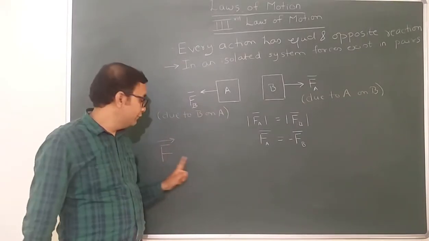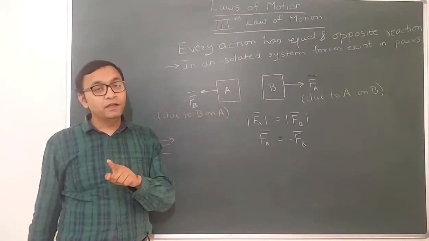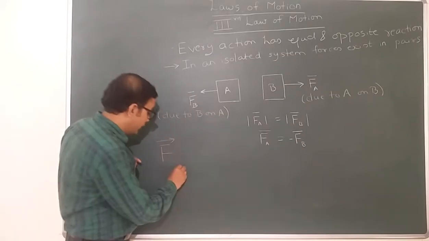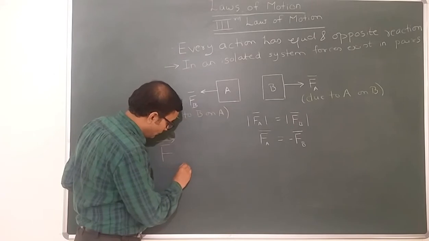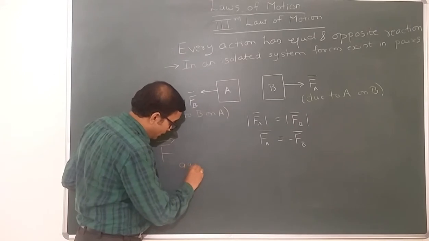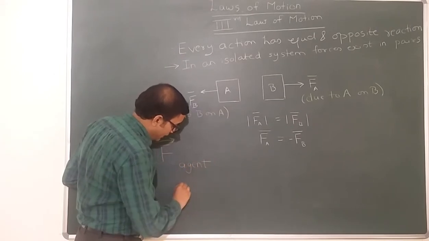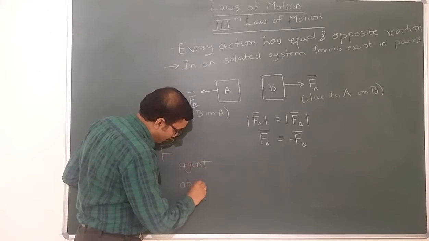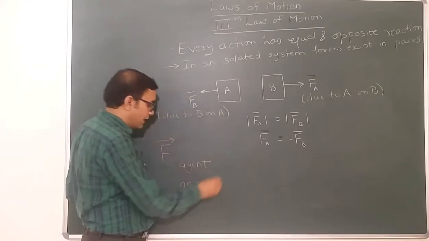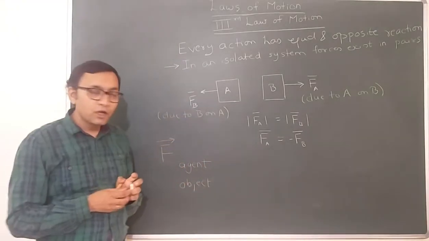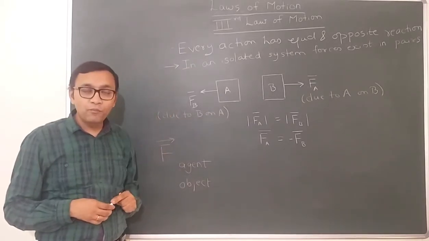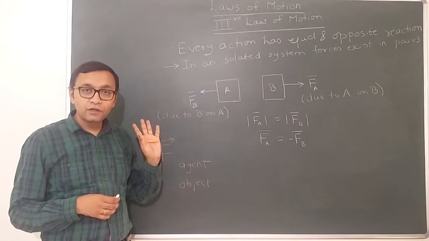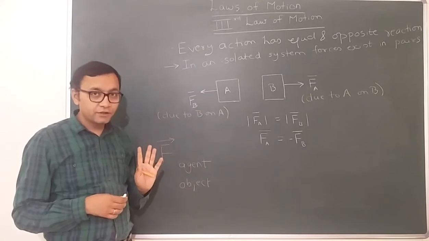So there is an agent of force and one object. The agent of force applies force F on the object, so the object will apply force on the agent also, according to Newton's third law, equal and opposite. That is what its pair is.